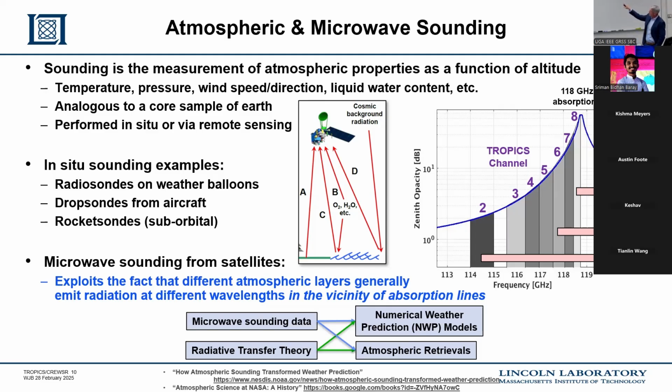And as you move away from the line in frequency, the opacity of the atmosphere decreases, right? It becomes more transparent. So if we put channels along the line at various opacities, from a satellite, we can sense down to different depths of the atmosphere. So that's how we get the vertical profile. By tuning the frequency off the line, we can sense at various altitudes, and that gives us the vertical profile.